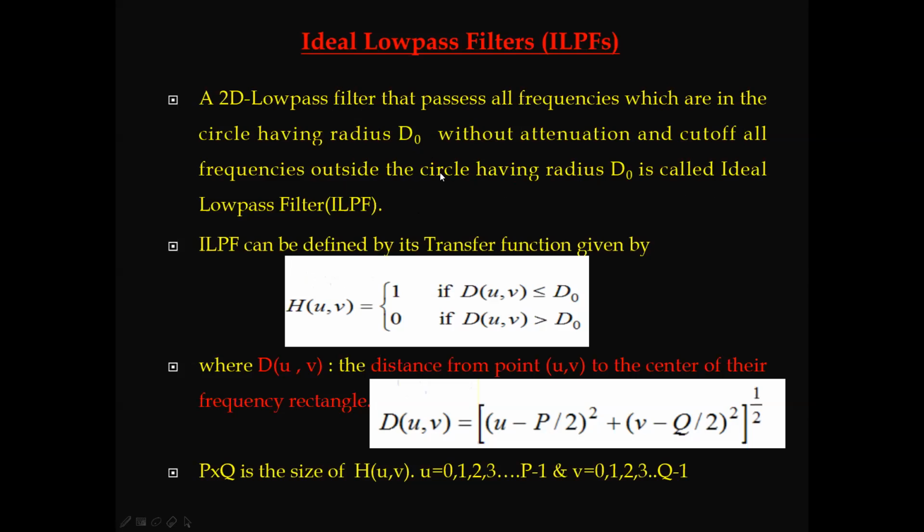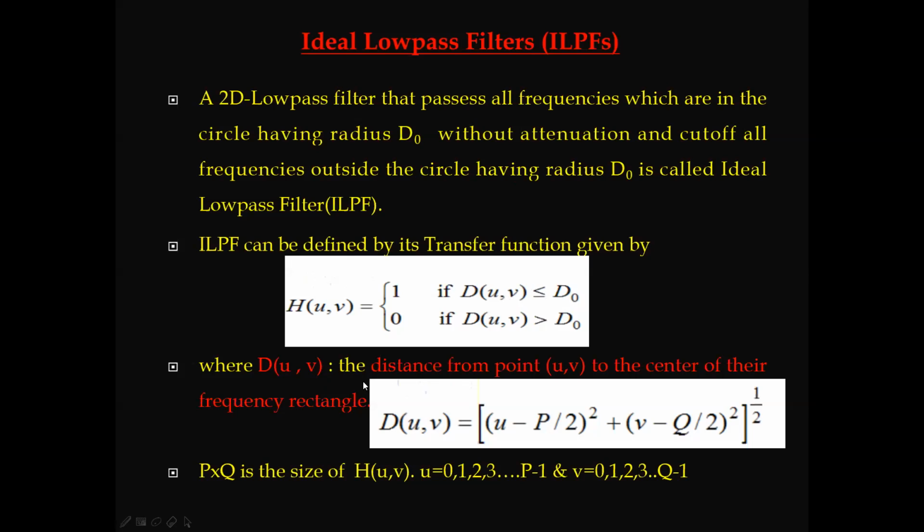For a two-dimensional low pass filter, we have to take a circle whose radius is equal to D0. The frequencies which are present inside D0 will be passed, and the frequencies which are present outside the circle having the radius equal to D0 will not be passed by the ideal low pass filter. That's why the definition is H(u,v) equal to 1 if D(u,v) is less than or equal to D0.